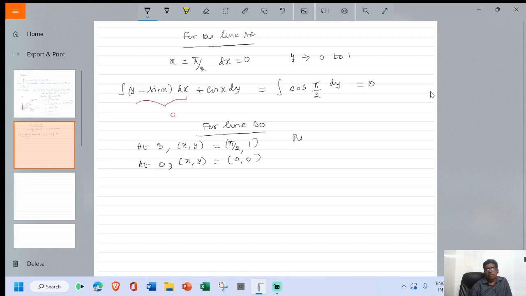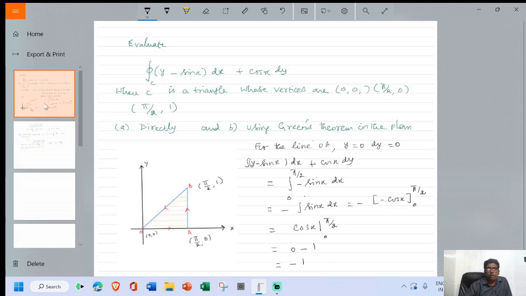Therefore, put y equal to 2x/π. If you substitute x equal to π/2, we get the value of y equal to 1. See here, at the point B, the value of x is π/2 and the value of y is 1. Suppose x equal to 0, then automatically y is also 0. We can get this point.